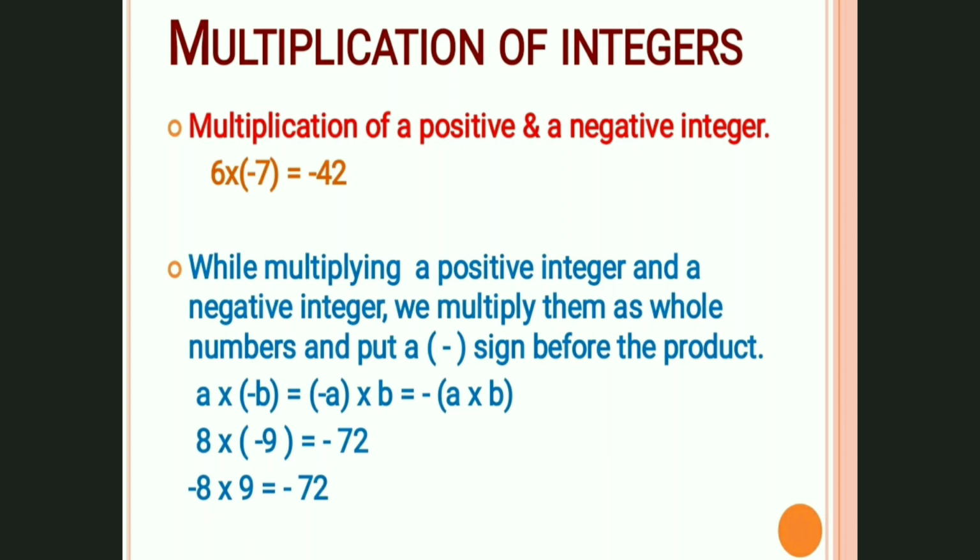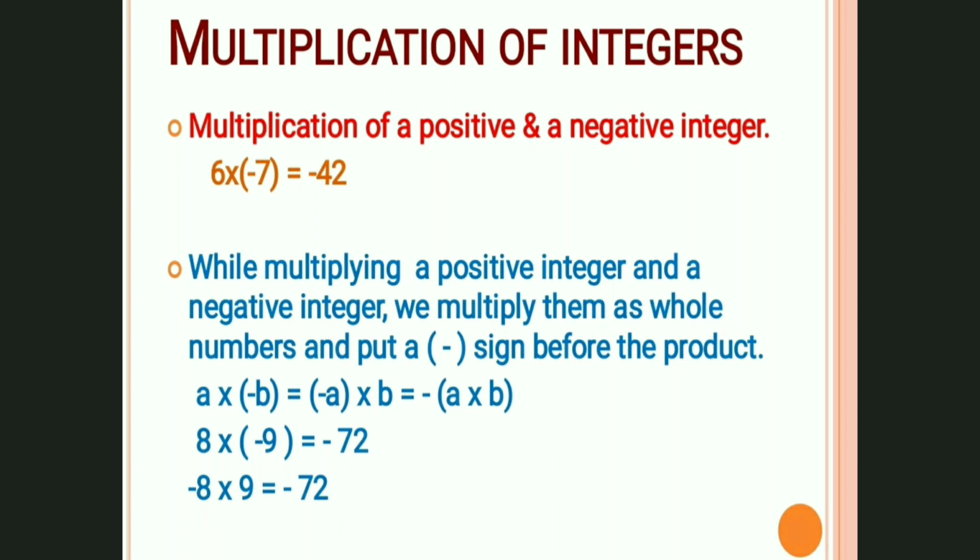See, when we multiply a positive integer and a negative integer, we multiply them as whole numbers and put a minus sign before the product. So, A into minus B or minus A into B is equal to minus AB, and the product is negative.